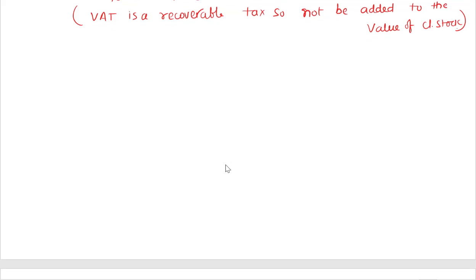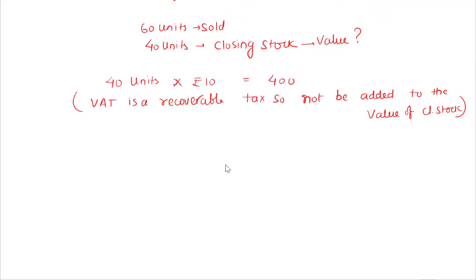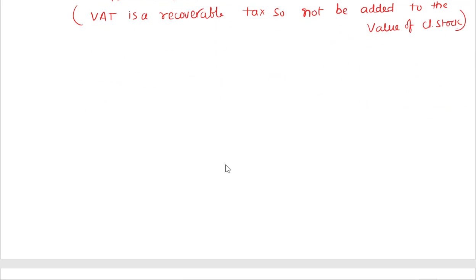Let us continue. Let's see one more example. We are making a bill over here. 100 units at the rate of rupee 20. That amounts to 2000.